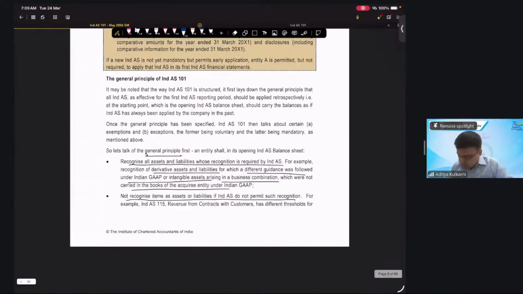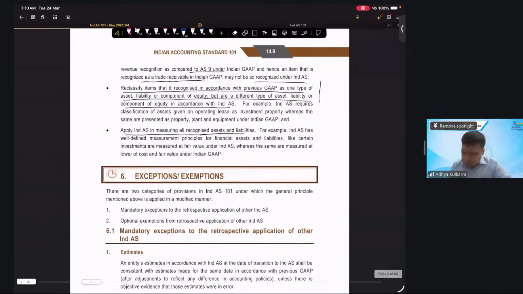Any doubts? So general principle, recognize all assets and liabilities. Do not recognize if Ind AS does not permit such recognition. Reclassify items that it recognized in accordance with previous GAAP and apply Ind AS in measuring all recognized assets and liabilities.